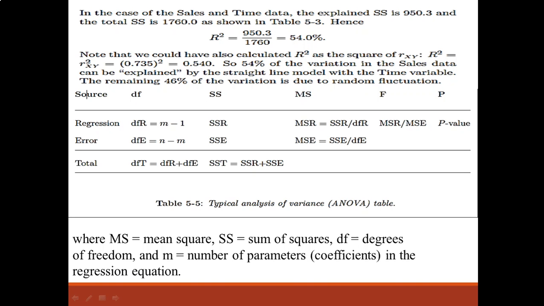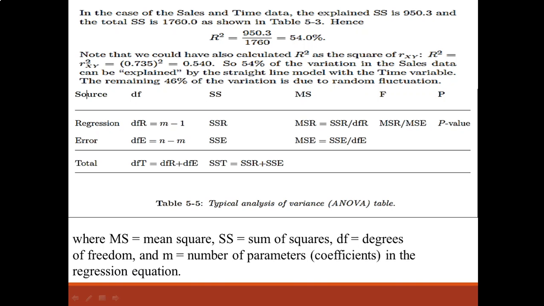And the second column will be SS, sum of squares. Sum of squares in the regression is SSR, and sum of squares in error is called SSE. And the total is equal to the sum of these two rows. MS, or mean of squares.